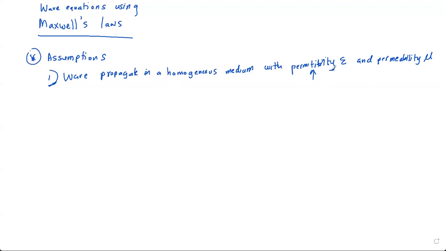permeability mu. Here I would like to explain what permittivity means. It is the ability of a material to store electrical energy within the medium.